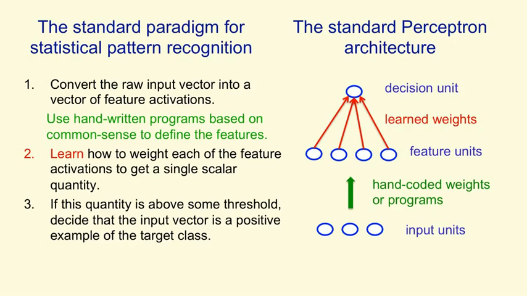They might be converted by things that look a bit like neurons, but that stage of the system does not learn. Once you've got the activities of the features, you then learn some weights so that you can take the feature activities times the weights, and decide whether or not it's an example of the class you're interested in by seeing whether that sum is greater than a threshold.